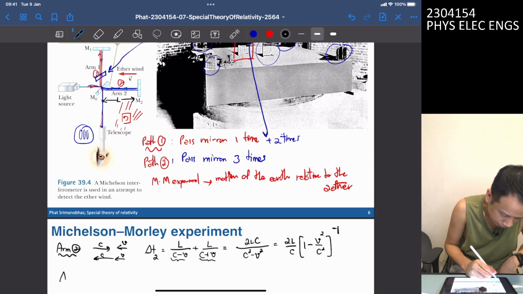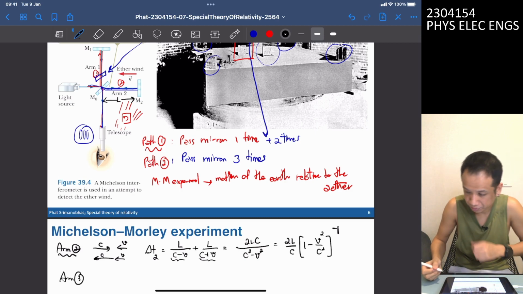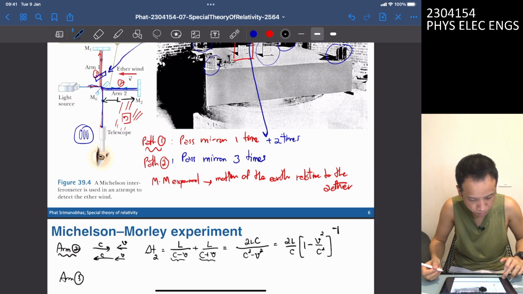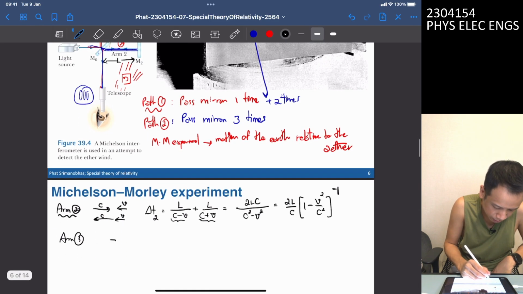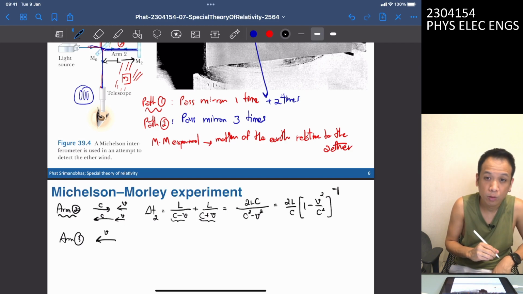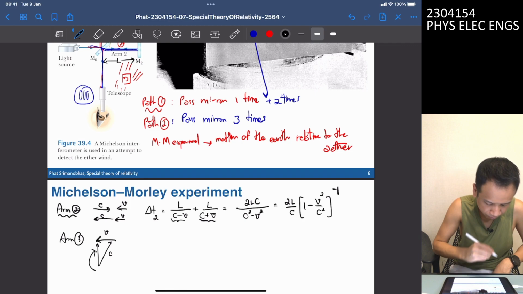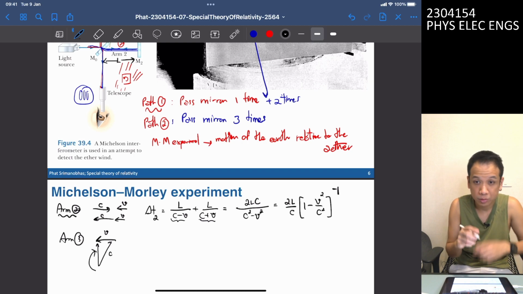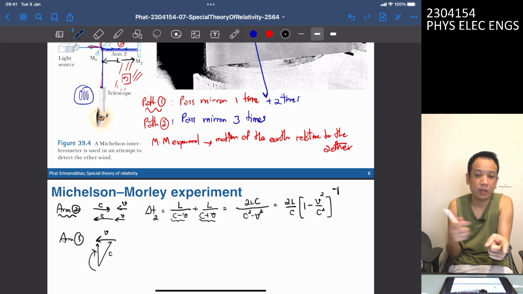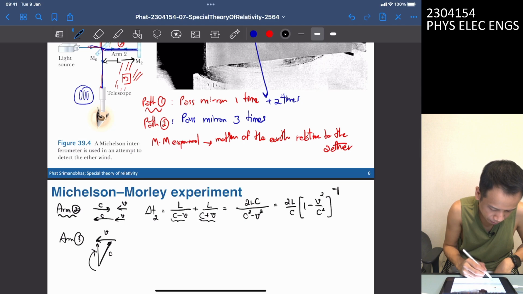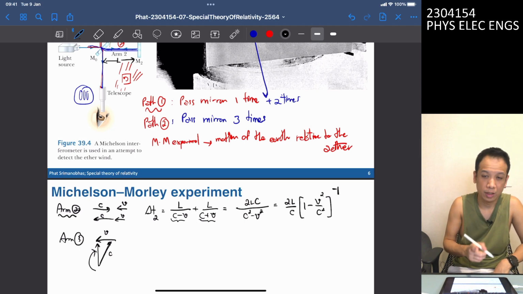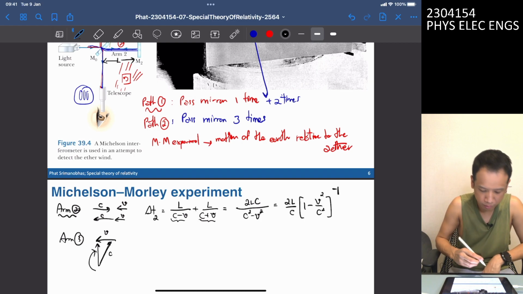Now we talk about arm 1. For arm 1, you have the ether wind with the speed v, and you have the light traveling with c. So this is the relative velocities. Since we know that the light is traveling straight, it means that if you have the ether wind, the light should be going in these directions, and then it makes the relative velocity straight in the forward direction.